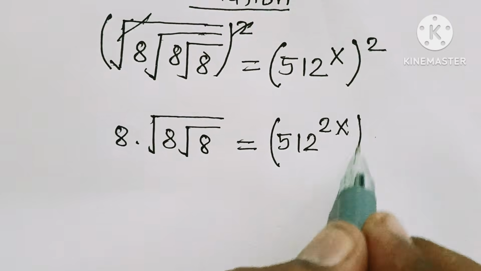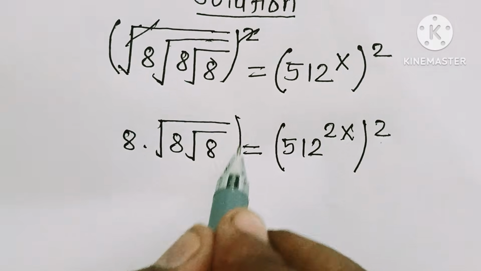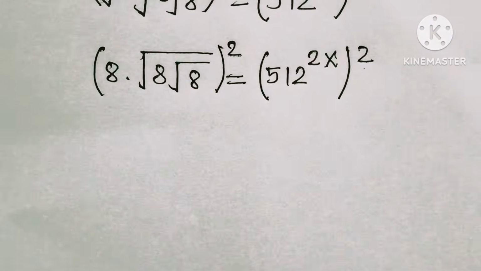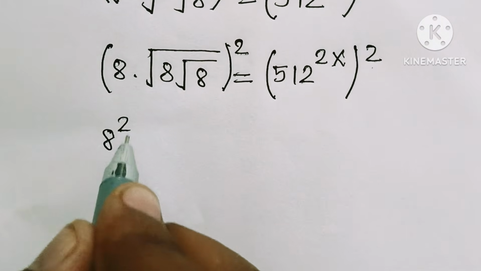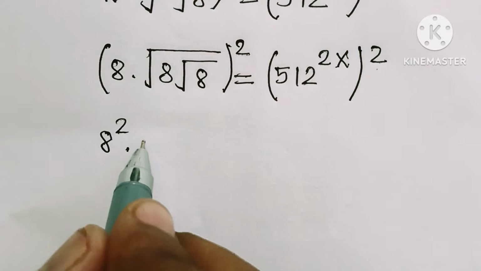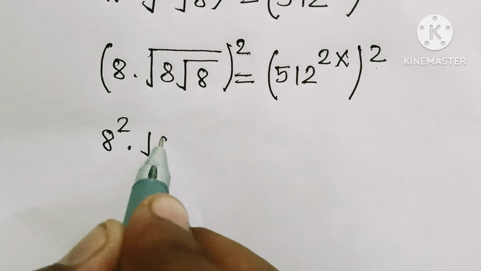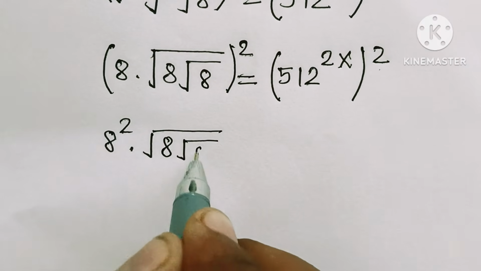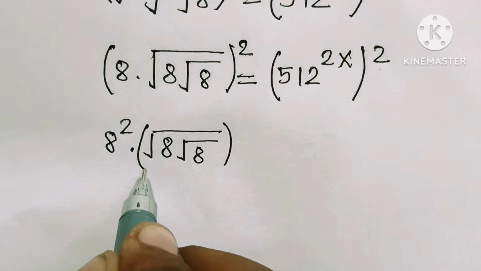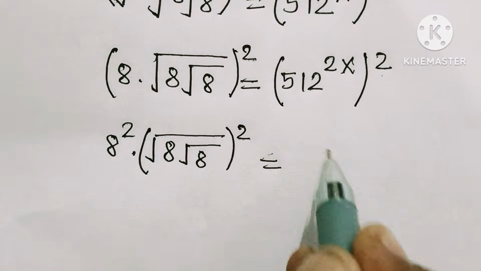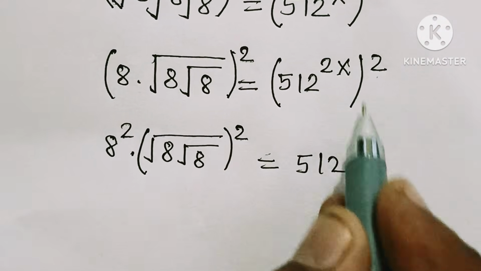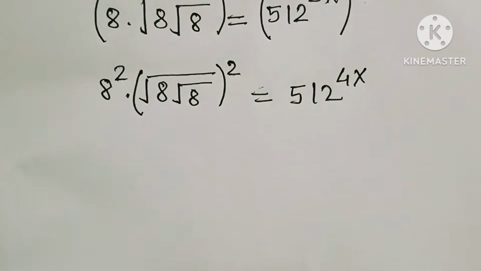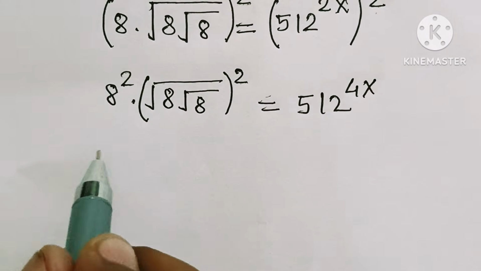Again squaring on both sides. 8 square into under root 8 whole square equal to 512 raised to power 2x multiplied by 2, that is 4x. 8 square is 64.